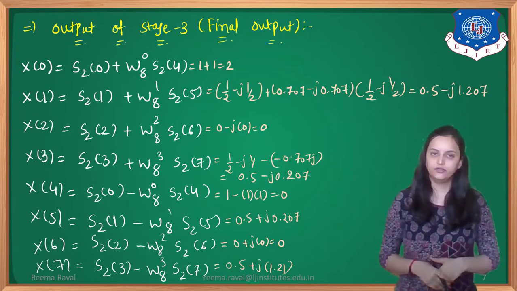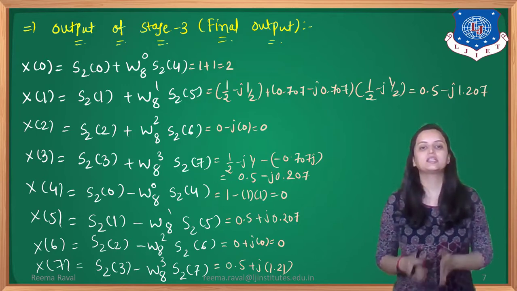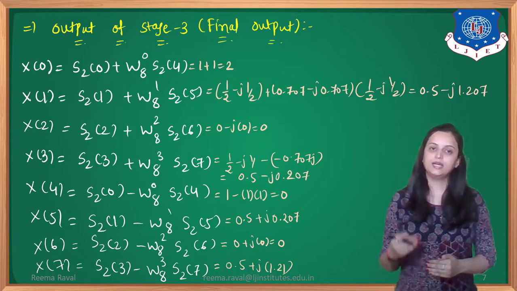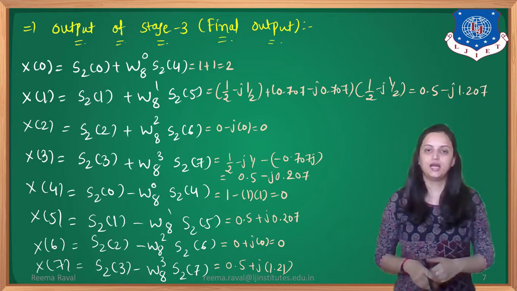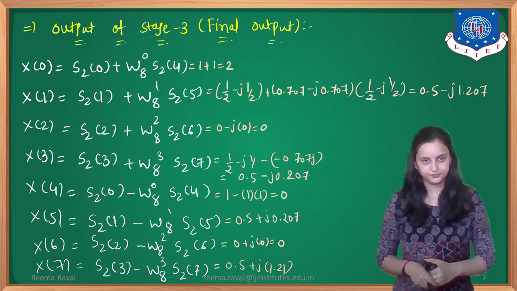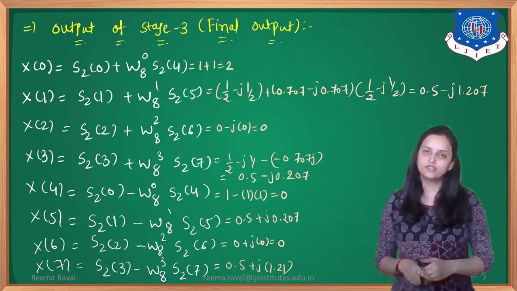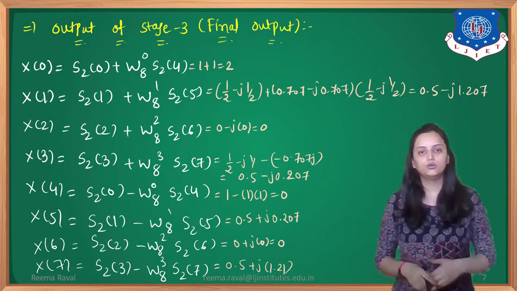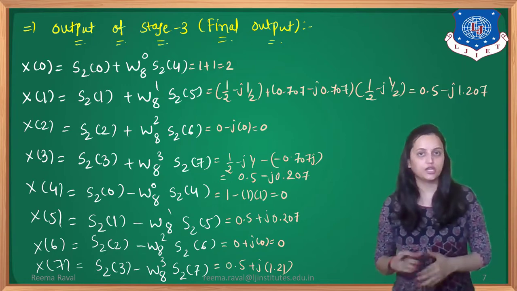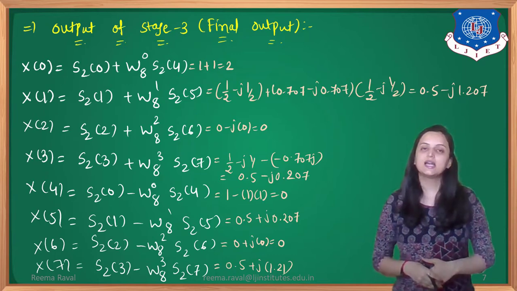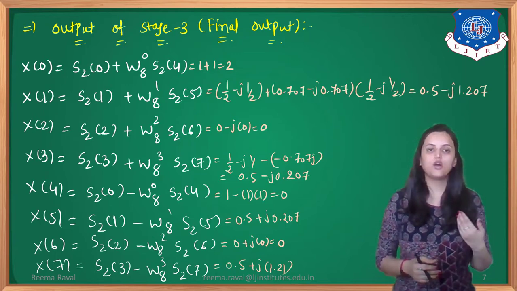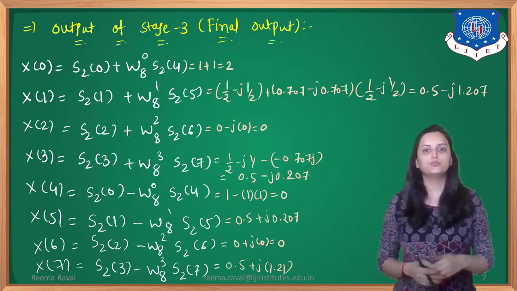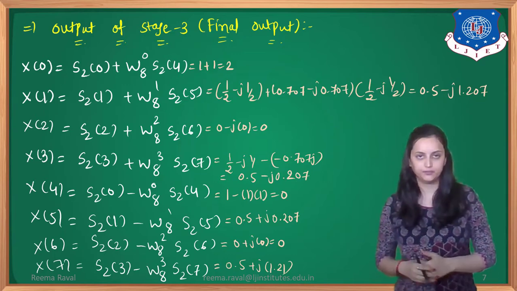Next is x of 5, which is S2 of 1 minus W8^1 times S2 of 5, that is equal to 0.5 plus j 0.207. Next is x of 6, that is S2 of 2 minus W8^2 times S2 of 6, that is equal to 0. Then the next is x of 7, which is S2 of 3 minus W8^3 times S2 of 7, that is equal to 0.5 plus j 1.21.